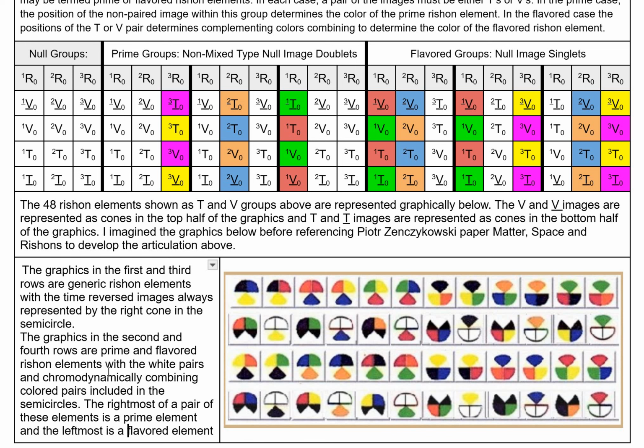And so there we have the 48 graphics, including the 2 rows of generic Rishon elements and the 2 rows of prime and flavored elements.